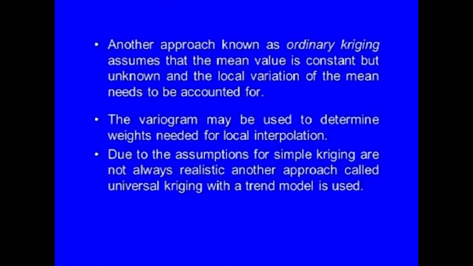Another approach, known as ordinary kriging, assumes that the mean value is constant but unknown, and the local variation of the mean needs to be accounted for. The variogram may be used to determine weights needed for local interpolation. Since the assumptions of simple kriging are not always realistic, another approach called universal kriging with a trend model is used.